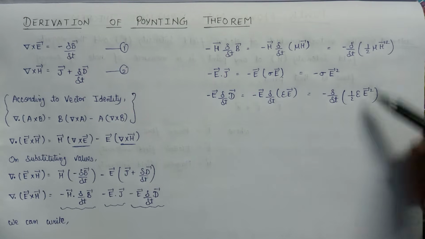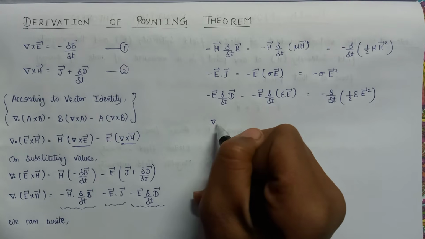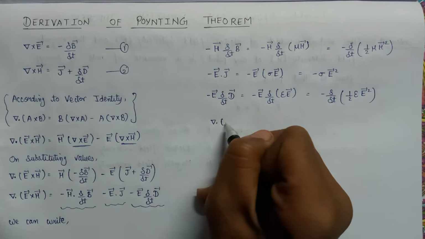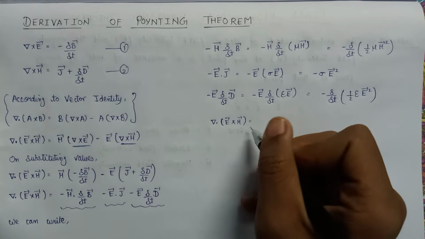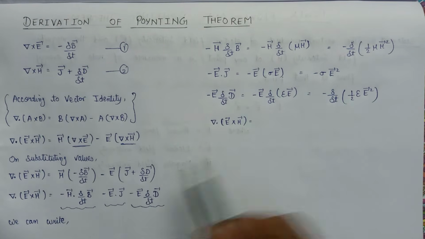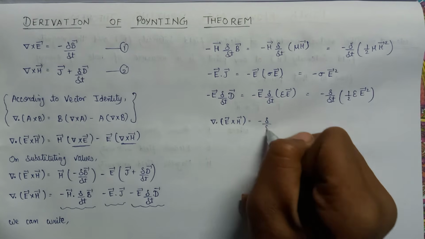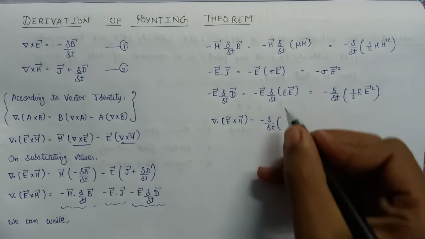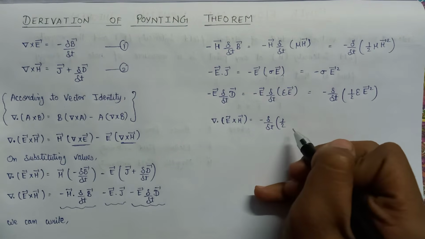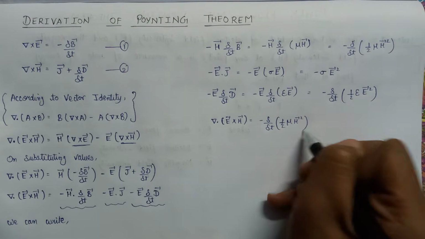Now on substituting these three values in place of this equation, this del dot E cross H will be equals to, first of all in place of this expression we will write this term minus of del over del T, 1 over 2 mu into H square.